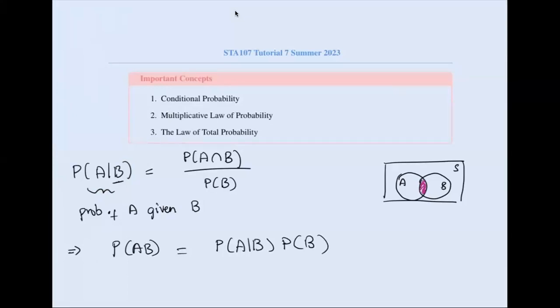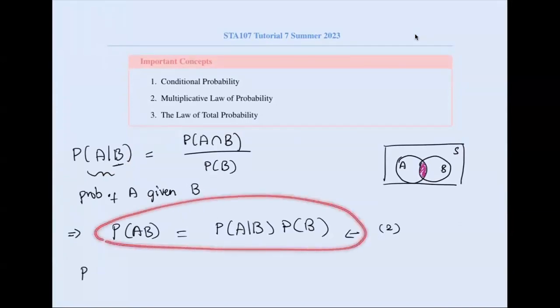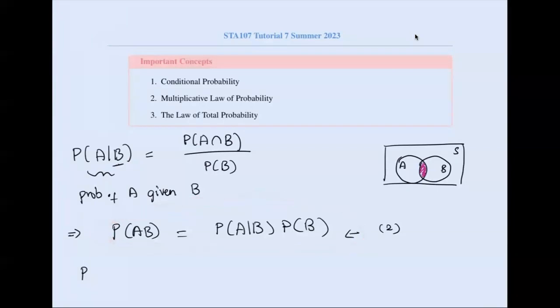So what you're seeing here is the multiplicative law of probability. And you can generalize it to as many events as you want. The formula that we are having here is for two events, A and B. But let's say you have events A1, A2, up until AN.